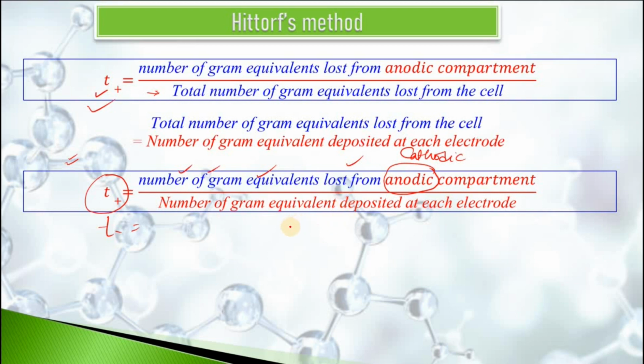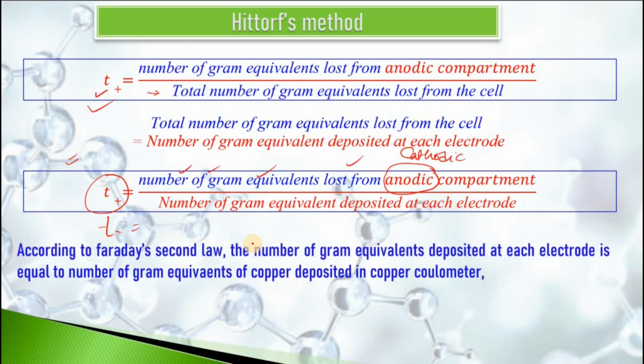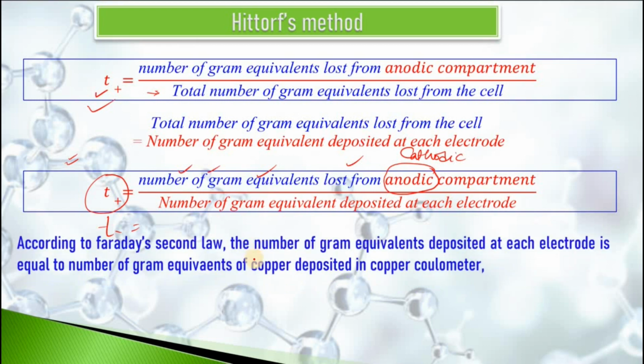Generally, in Hittorf's method of determination of transport number, the electrolytic solution is connected with a copper or silver coulometer, and according to Faraday's second law, the number of gram equivalents deposited at each electrode will be equal to the number of gram equivalents of copper deposited in the copper coulometer or the number of gram equivalents of silver deposited in the silver coulometer.